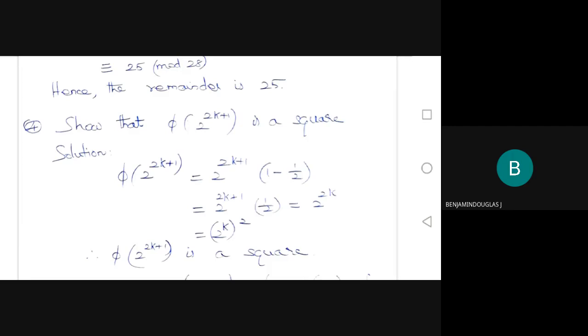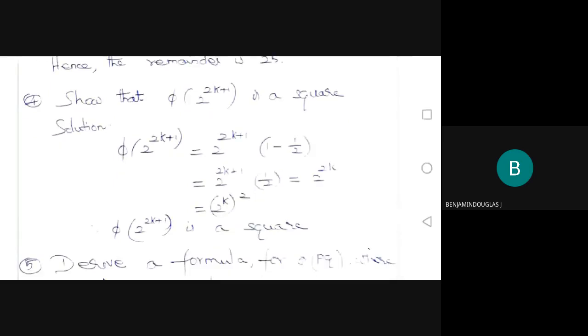So we proved that phi of 2 power 2k plus 1 is a square, since 2 power k the whole square. So therefore phi of 2 power 2k plus 1 is proved to be a square.